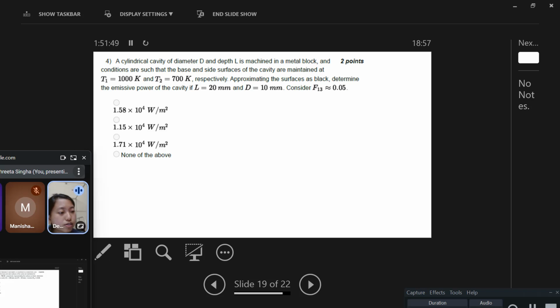Okay, the next question: a cylindrical cavity of diameter D and depth L is machined in a metal block, and conditions are such that the base and the side surfaces of the cavity are maintained at T1 and T2. This is the same as one of the questions we have done.